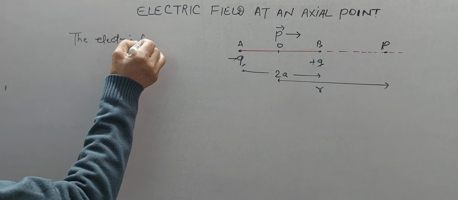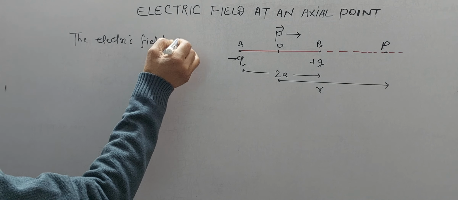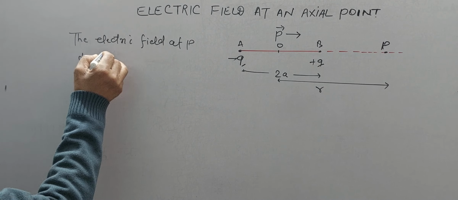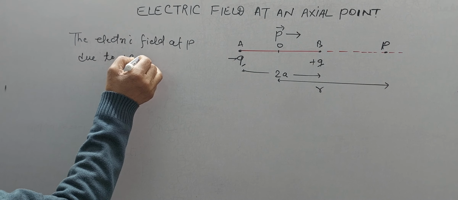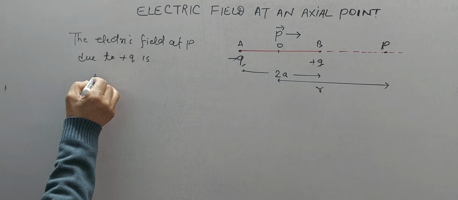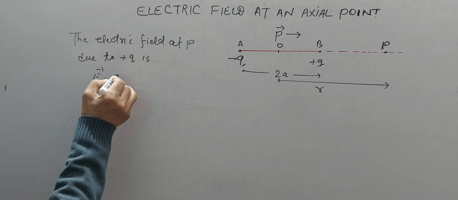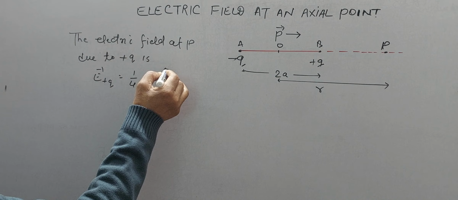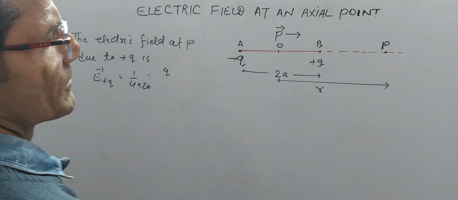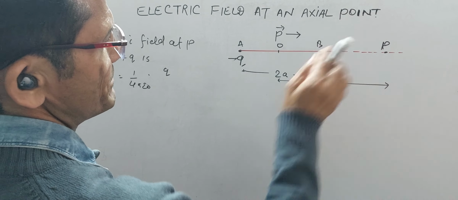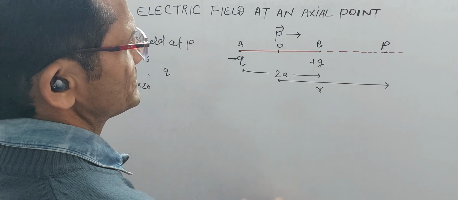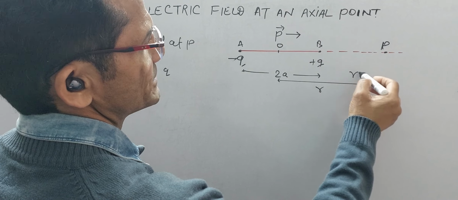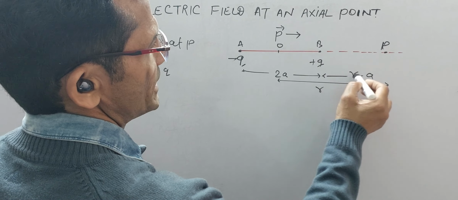Now at the point P, the electric field due to plus q is, it is a vector quantity, 1 upon 4 pi epsilon naught times the charge over the distance BP squared. Now how to find this distance? This is a and this is r, and it will be r minus a.